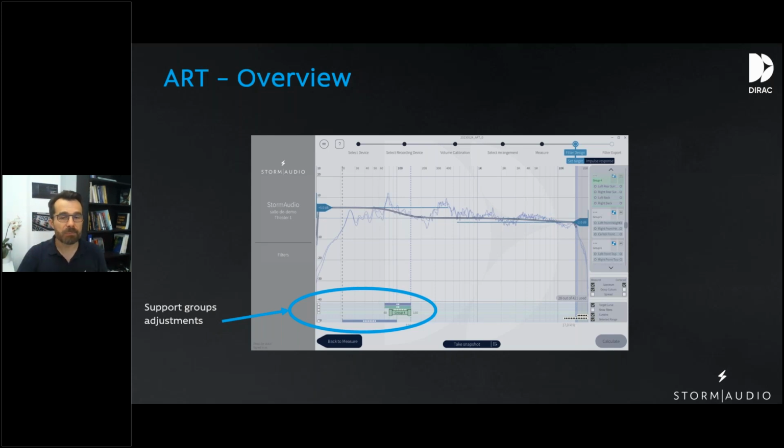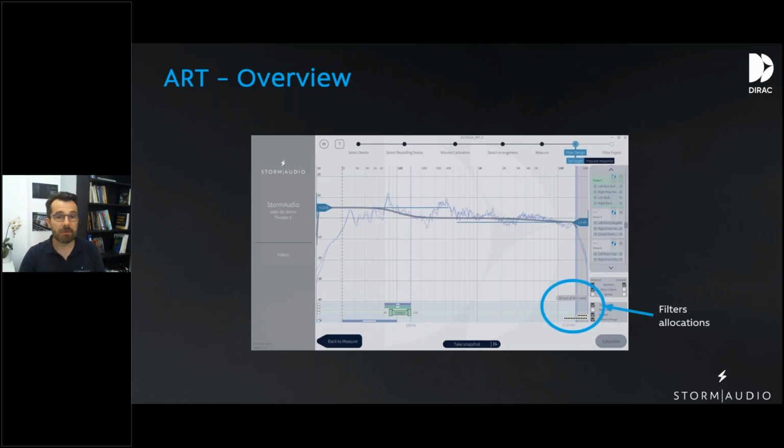And depending on your speaker configuration, whether you have a lot of speakers in the room or not, you will also have some dots in the support selection slide. Those are the number of filters that each group requires when you activate it. And on the top right, you will see that you have a certain number, and on the bottom right, you will get the filters that you have available. The reason is that if you have systems with above roughly 20-something channels, you might end up with not enough filters to cover the full support, meaning using any speaker to support any speaker.